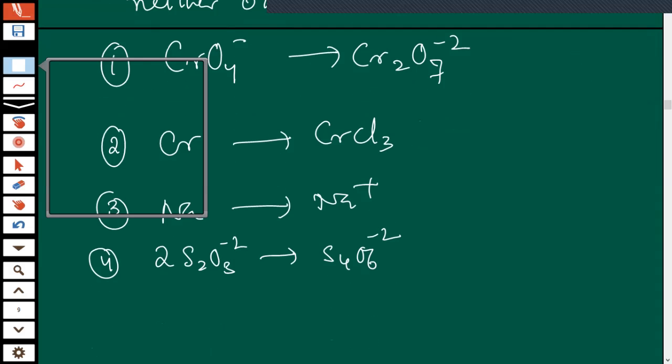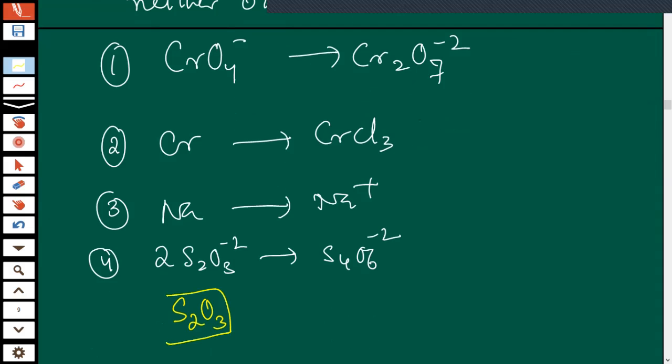Children, here you know what is the charge present on sulfur? That is S2O3 and total charge is minus 2.